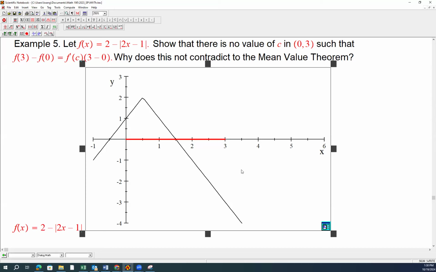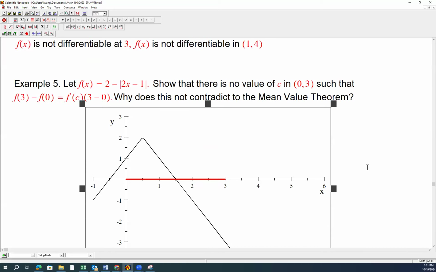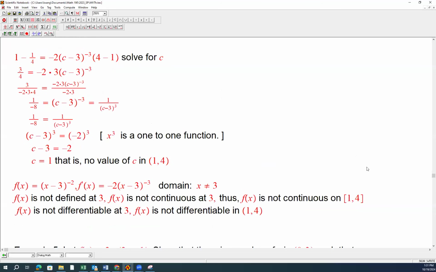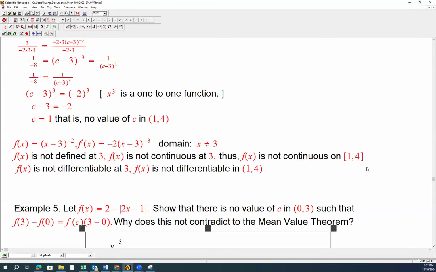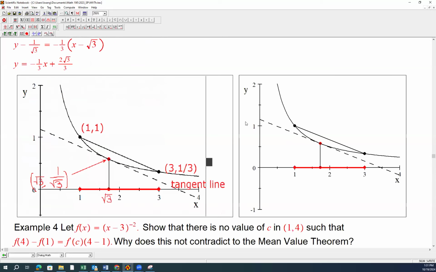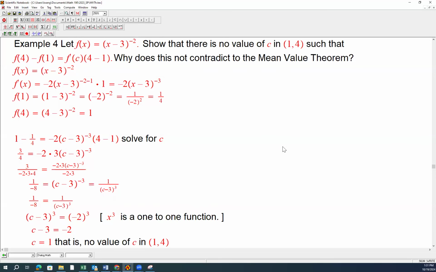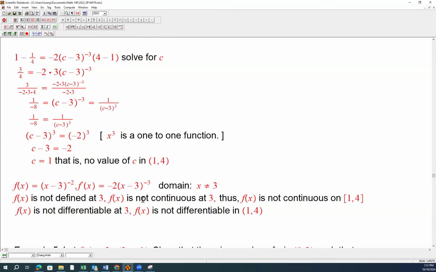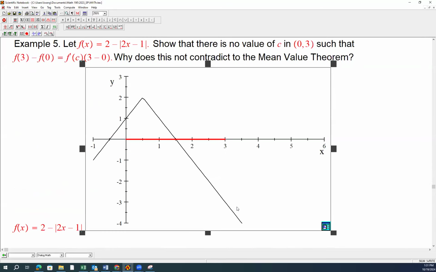And we've seen 2 examples, right? In the first example, the function is not continuous. The second example is that it's continuous but not differentiable. So in either case, the conclusion of the theorem is not guaranteed.